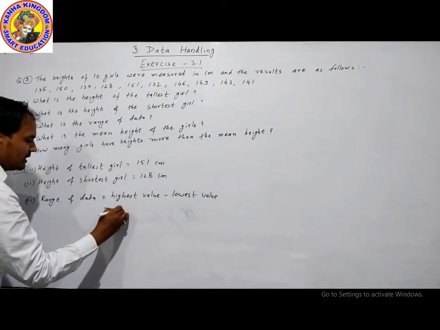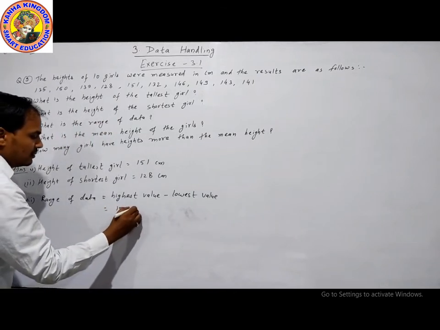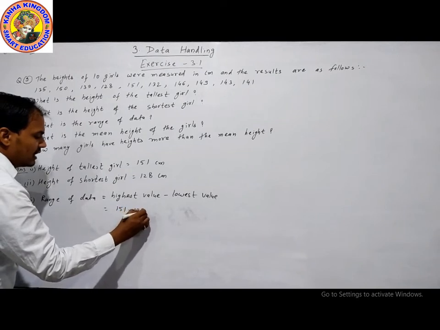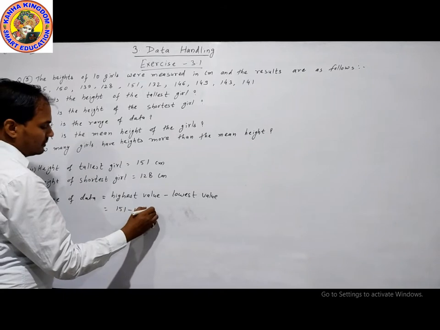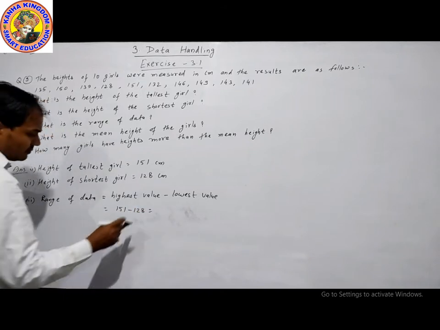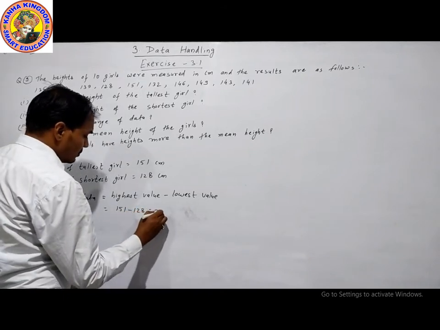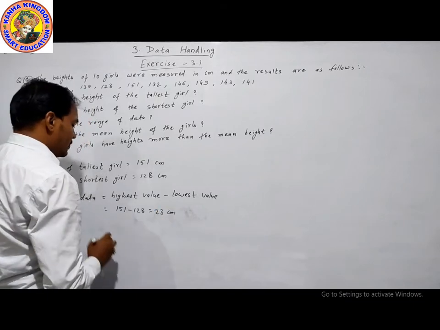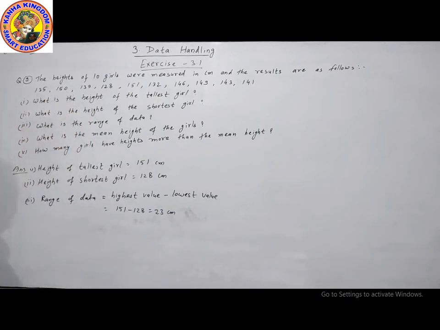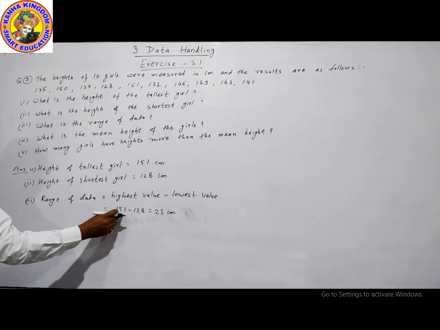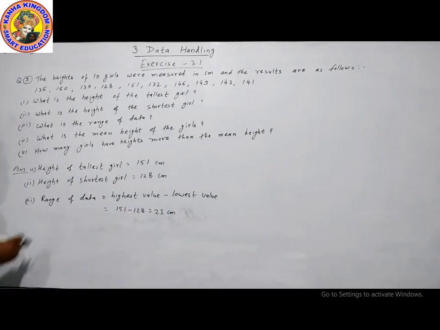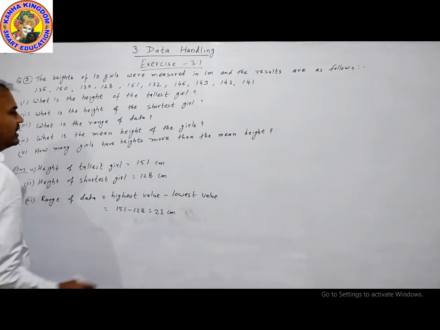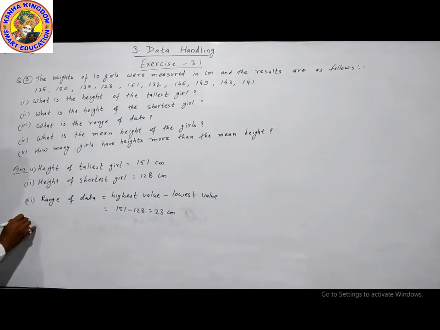The highest value is 151 minus the lowest, 128. The difference between both is 23 centimeter. 151 minus 128, the answer is 23 centimeter. So the range of data is 23 centimeter.